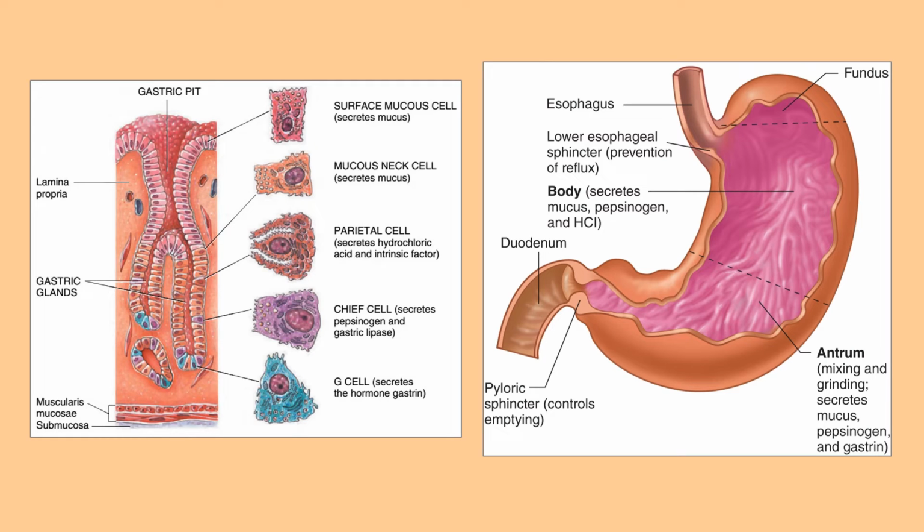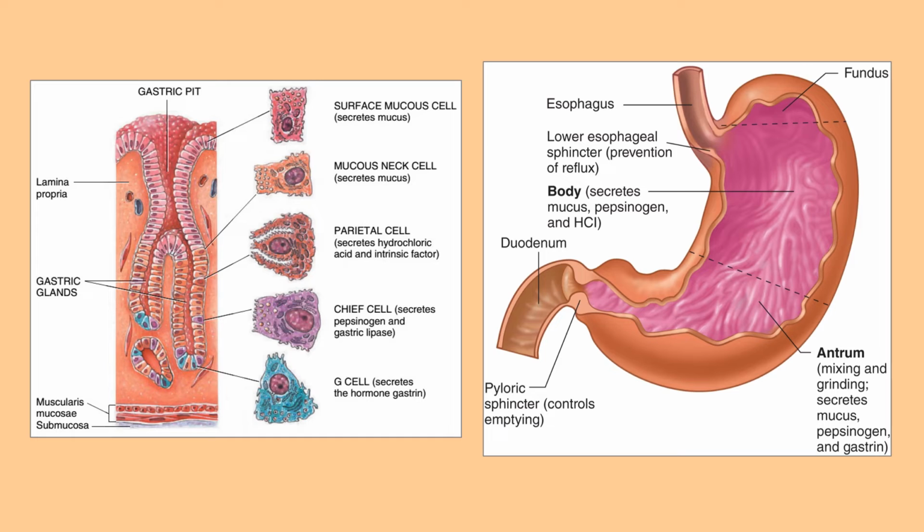So here we're looking at images of the stomach. The panel on the right shows the gross anatomy of the stomach, and I hope you'll recall that the mucosa is the lining of the GI tract, and here we're specifically interested in the mucosa of the stomach. The panel on the left shows gastric pits, and those cells comprise simple columnar epithelial tissue.